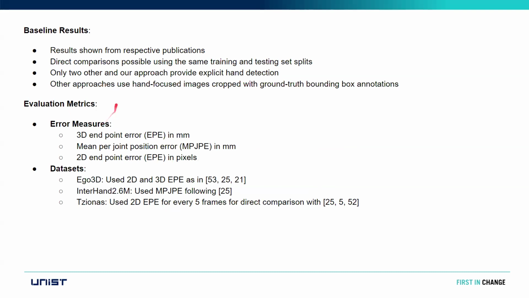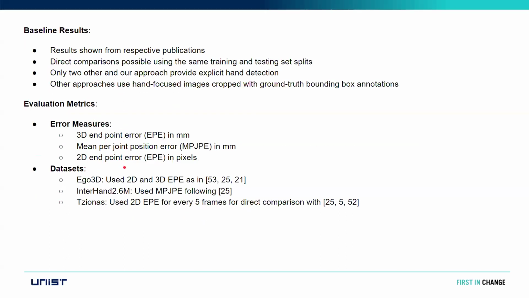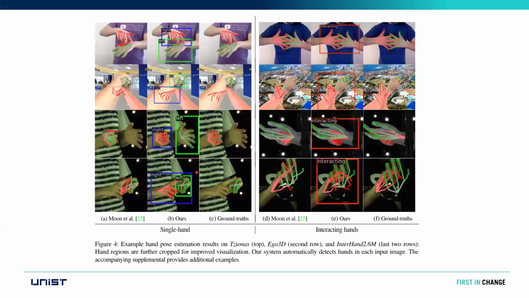There are several baseline results on these datasets, and they compared their method's results. Here are some evaluation metrics: 3D EPE and 2D EPE. 3D is for 3D key points, and 2D is for 2D key points. The Ego3D dataset uses 3D EPE, and InterHand uses MPJPE and these evaluation metrics.